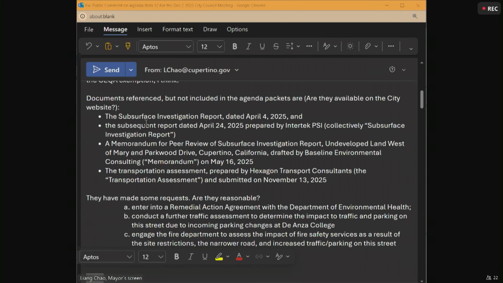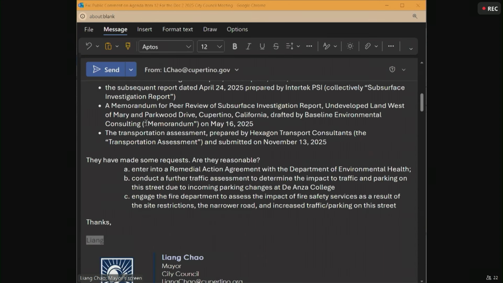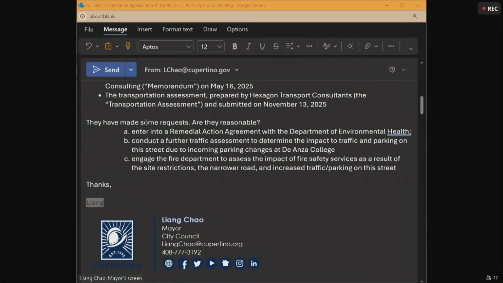And the other is a transportation assessment. So they should have been included in the agenda packet. I hope in the future they are, in case this comes back. And then there were 3 requests made in that letter. I hope to know whether they are reasonable or not.